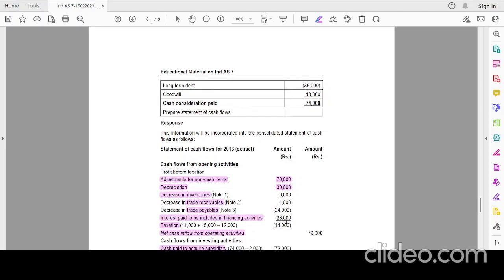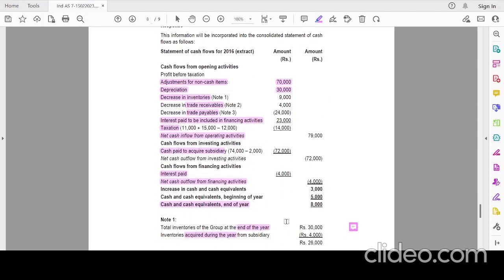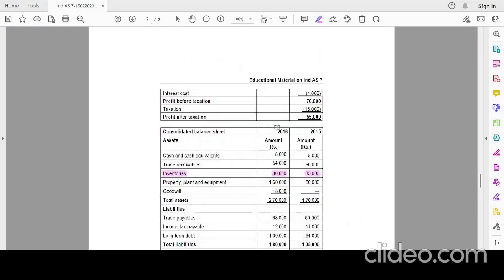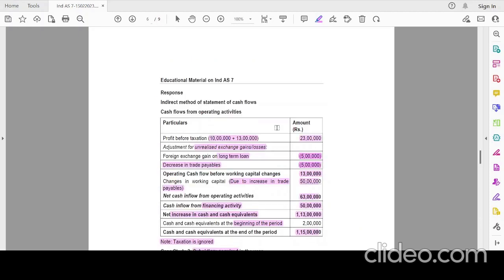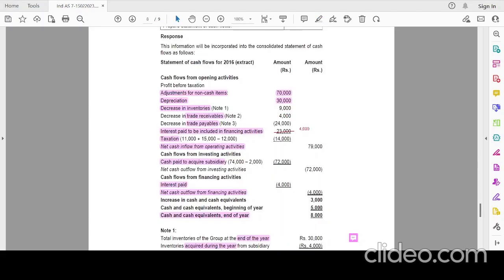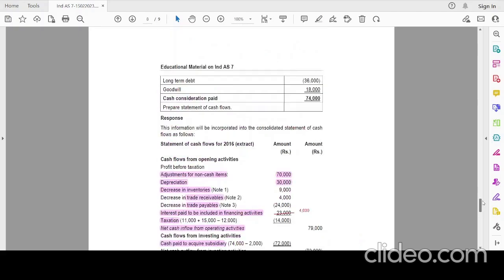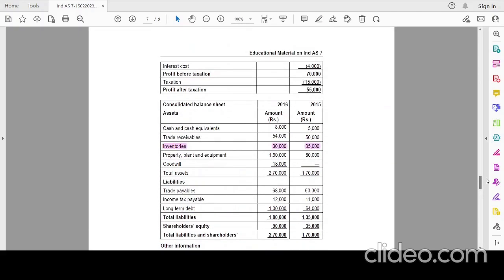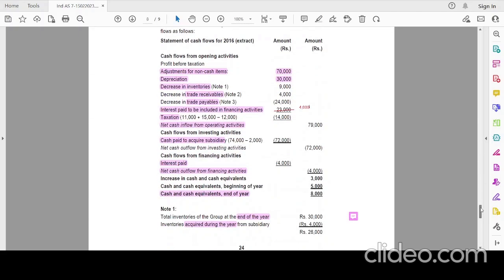But 4,000 should be there, right? And then we have taxation. Taxation we arrive at like the opening plus the current year provision minus closing. That's why we arrive at 11,000 plus 15,000 minus 12,000, which is 14,000.